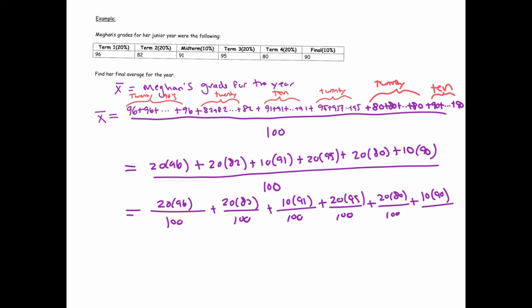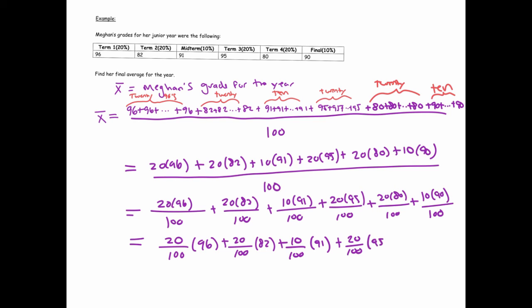So that can be written like that, and we're almost done. This can also be written as 20 over 100 times 96, and the next one as 20 over 100 times 82, and this as 10 over 100 times 91, 20 over 100 times 95.